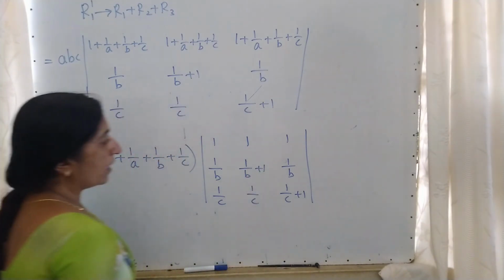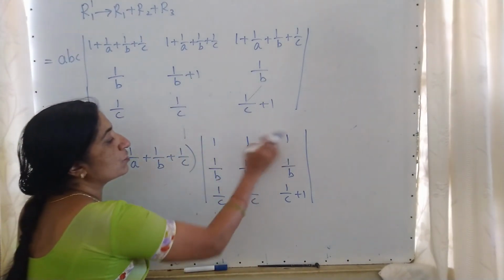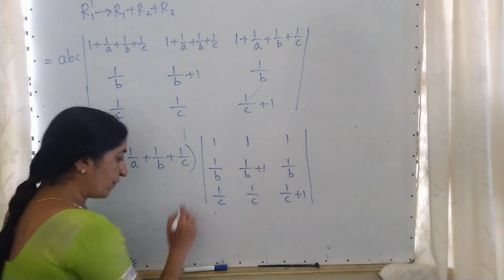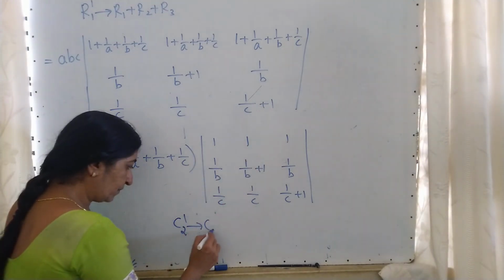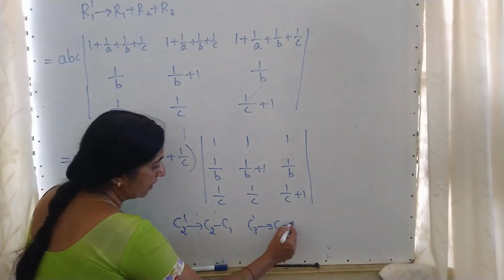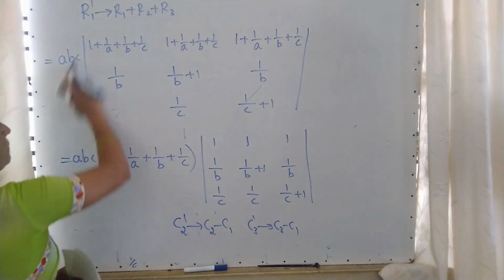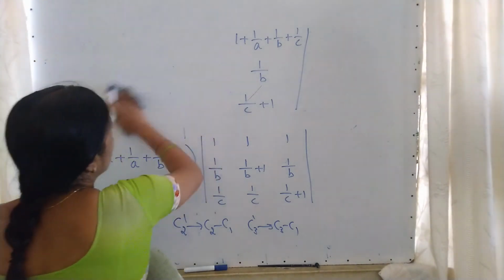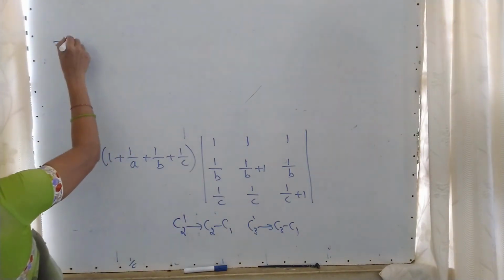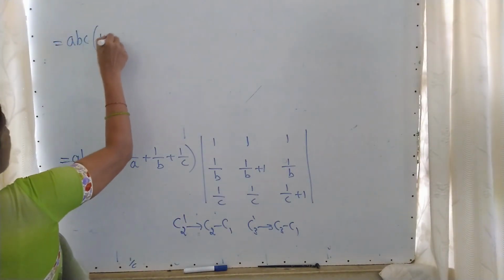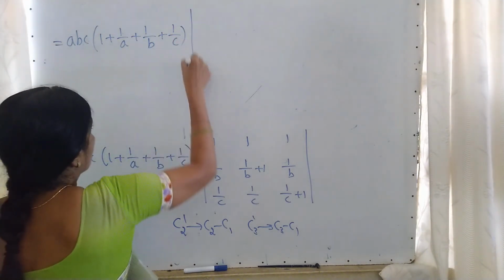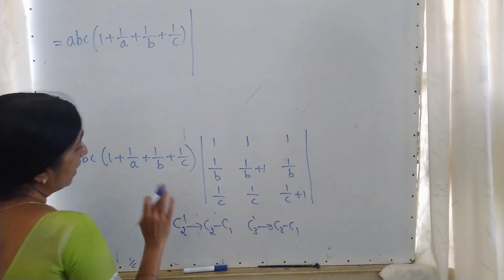Now the students are happy because all the elements in the first row are equal to 1. We are applying C2 minus C1 and C3 minus C1, with abc and the bracket outside.